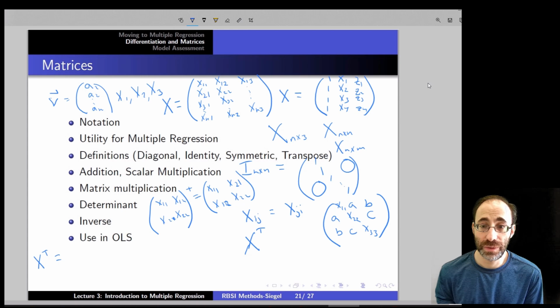So those become x11, x12, x13, and x14. So now the first row looks like this, because whereas before they were x11, x21, x31, x41, now they're 1,1, 1,2, 1,3, and 1,4. And that's the same thing for the second column, and the same thing for the third column.